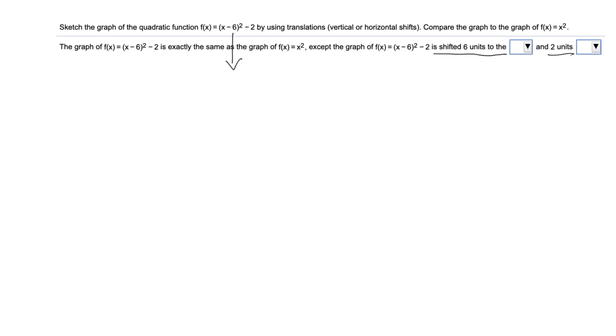So let's identify our h. Our h is equal to positive 6. We know when it's positive, it goes to the right, so it's going to the right 6. Then our k is negative 2. Therefore, it goes down 2. So when you fill these in, you'd say 6 units to the right and 2 units down.